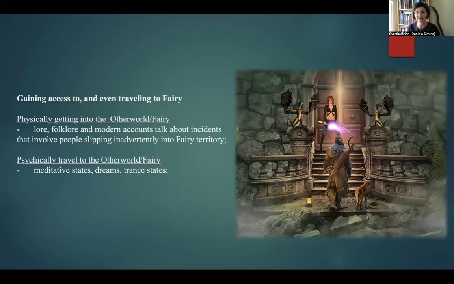We can see light beaming from behind the door; the door is a little bit open, and there's light coming through. It's very suggestive of the quest of somebody attempting to get into fairy, whether physically or psychically. So this could be a nice prompt for a journey.